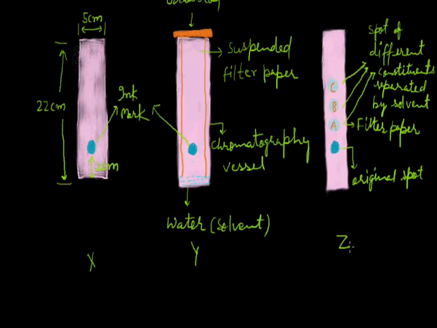First of all, a filter paper of 22 centimeter length and 5 centimeter breadth is taken, and its smaller end is stuck to a glass rod with the help of gum, as shown in diagram B. On the other end, measure a distance of 2 centimeter from the lower end and mark a small point. On this point, pour 1 or 2 drops of the ink, as shown in diagram X.